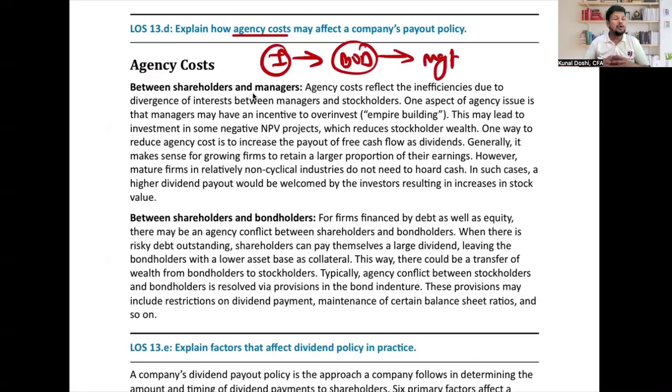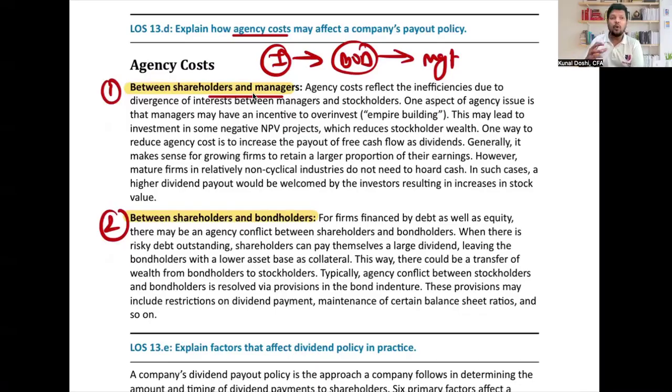So there is a conflict, which we have learned in Level 1 Corporate Issuers also. There is a conflict between the shareholders and the managers, and between the shareholders and the bondholders also. Between the shareholders and managers, the issue is what we call the principal-agent problem.